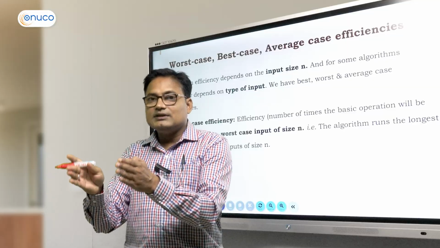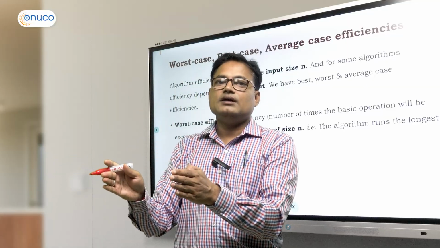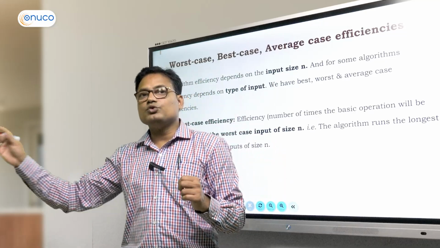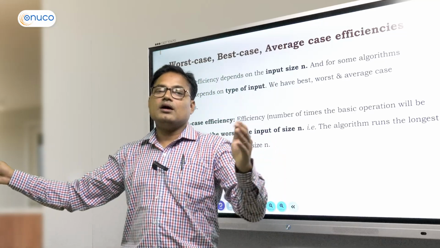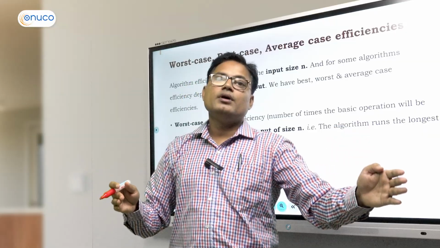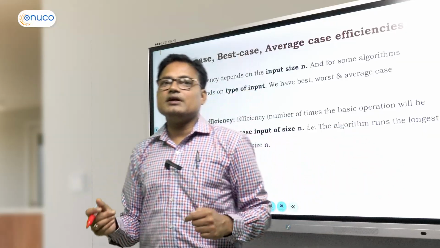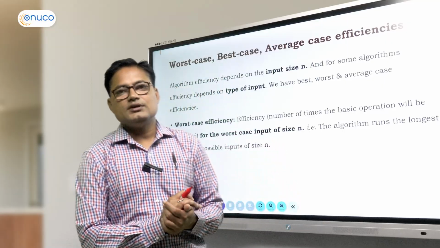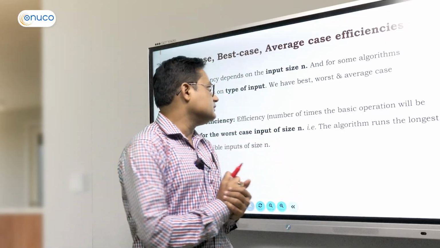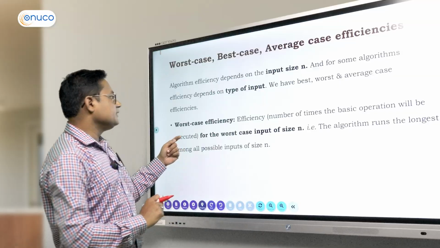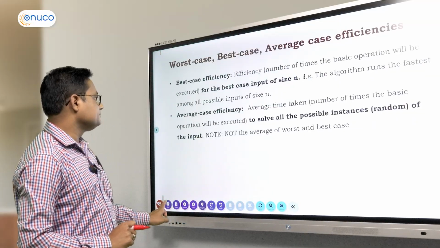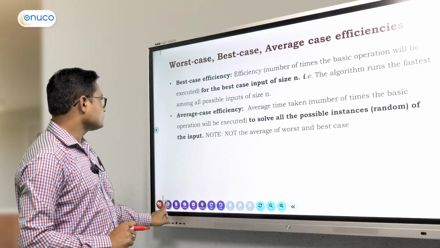But if a person is sitting in between, that will take less time compared to worst case and more time compared to best case. Maybe it will take 4 to 7 comparisons, considered to be the average case. So this is what best case, worst case and average case we are discussing here.